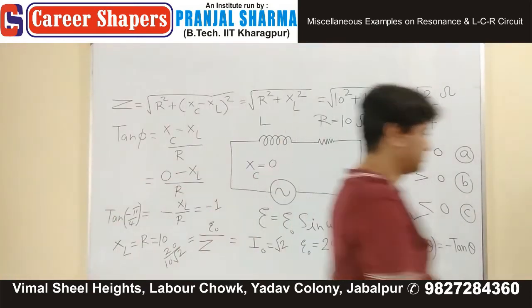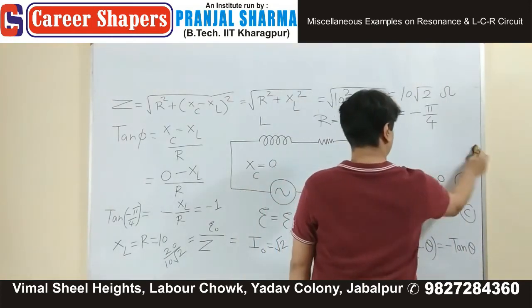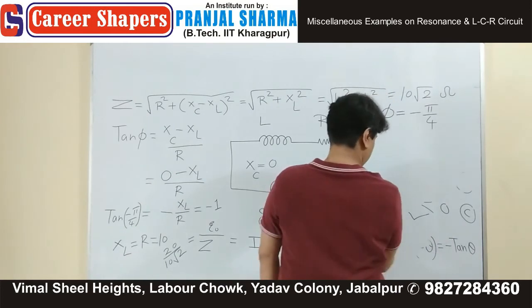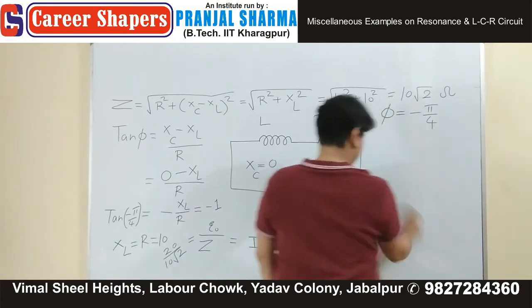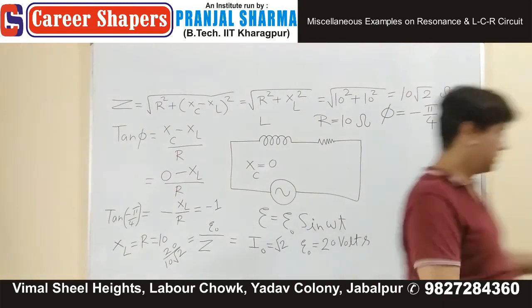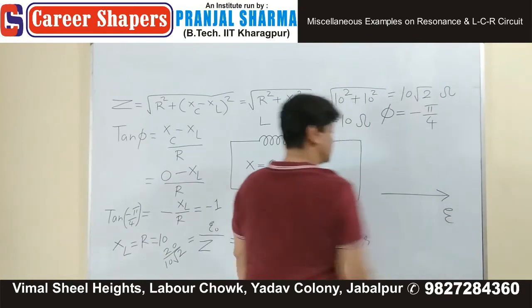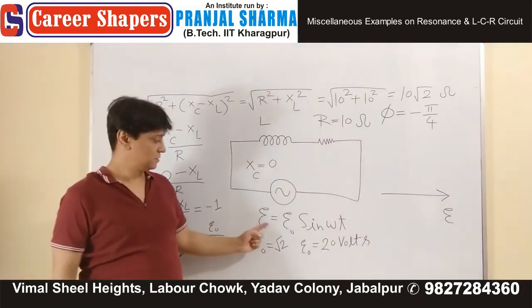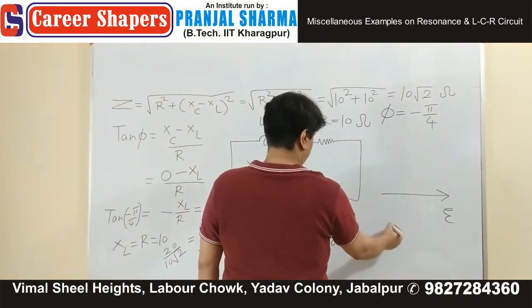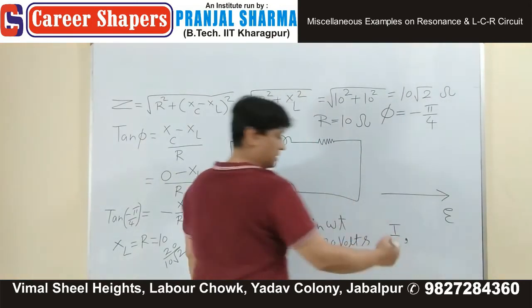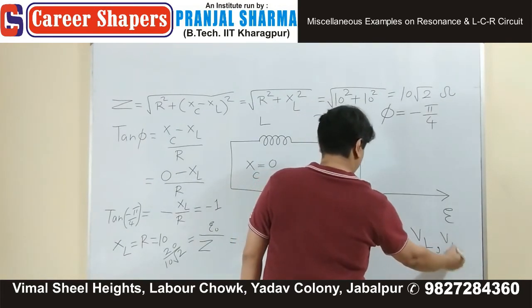Phasor diagram means if somebody tells us that this arrow represents source EMF E, then you need to draw an arrow for I, for VL, and for VR.